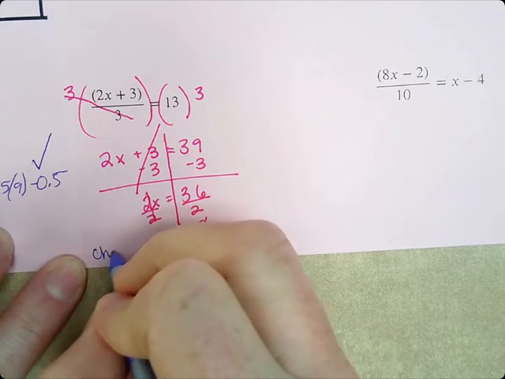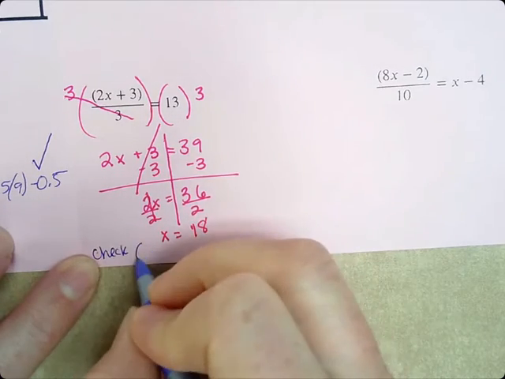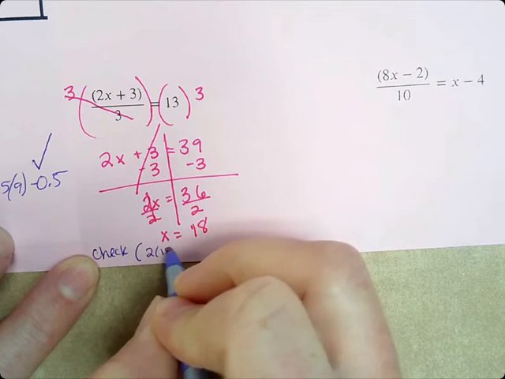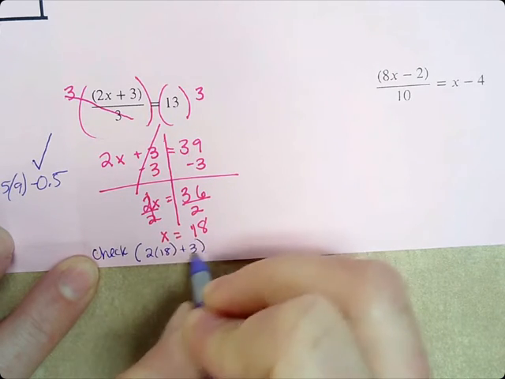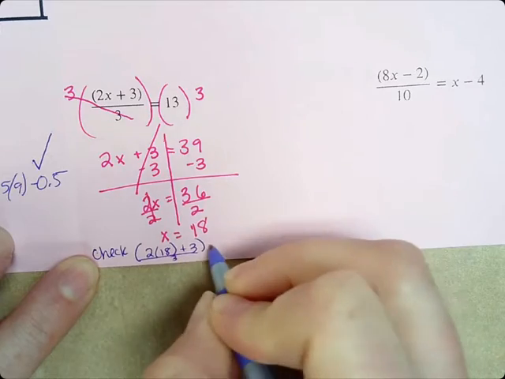We do need to check it. So parentheses 2 times 18 plus 3, close parentheses, over 3 equals 13.